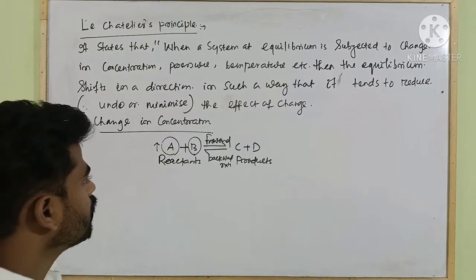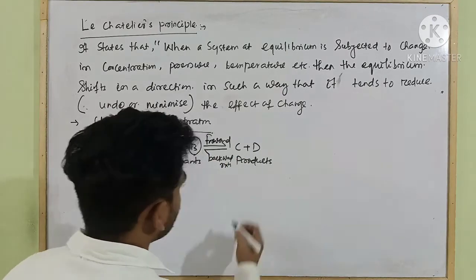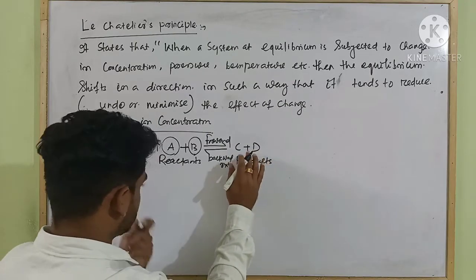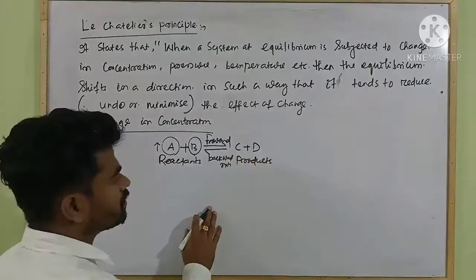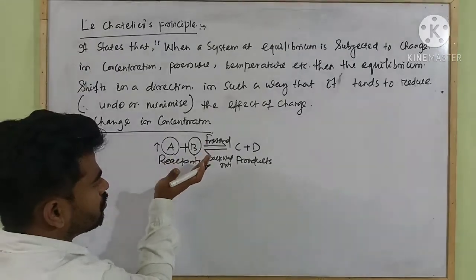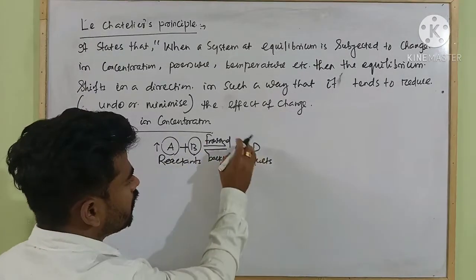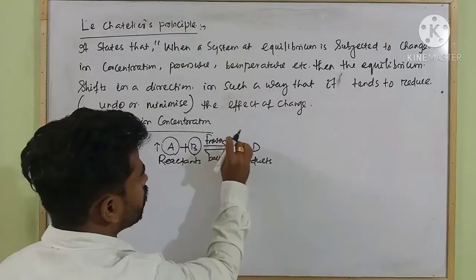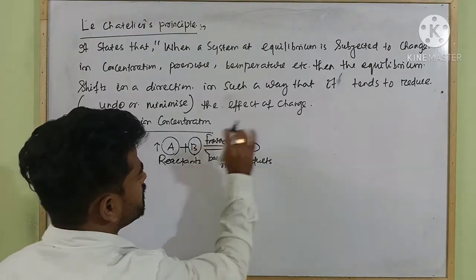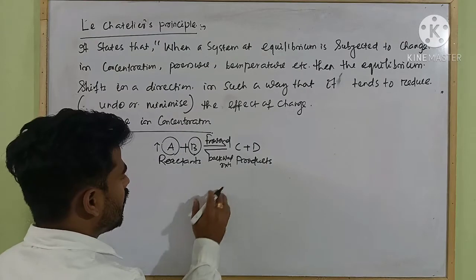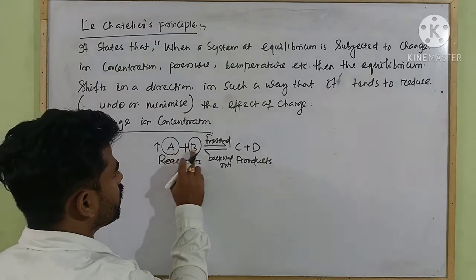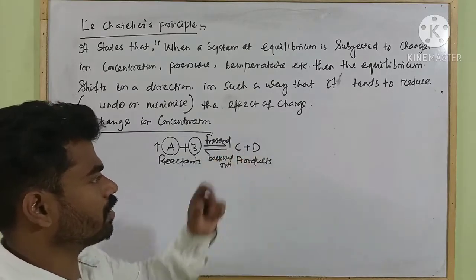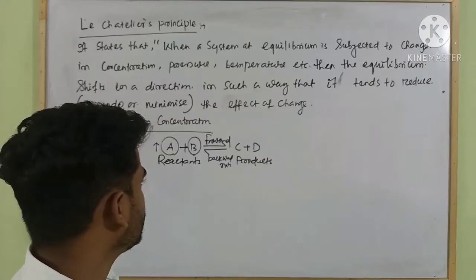Is that clear? So in the same way, if you decrease the concentration of product, if you decrease the concentration of either C or D, then what happens? Again, the reaction will proceed in the forward direction, because as you have decreased the concentration of product, the rate of forward reaction will be more. The equilibrium is shifted towards the forward direction as a result, and the reactants can react with one another to minimize that decrease or loss of product. Is that clear?